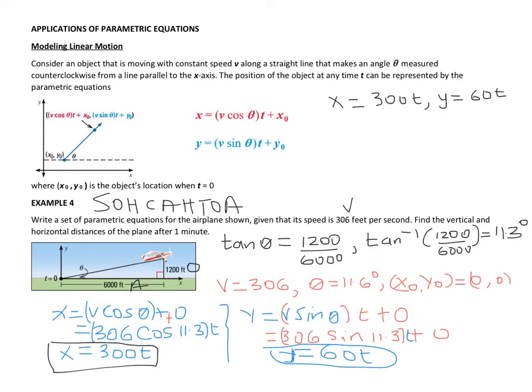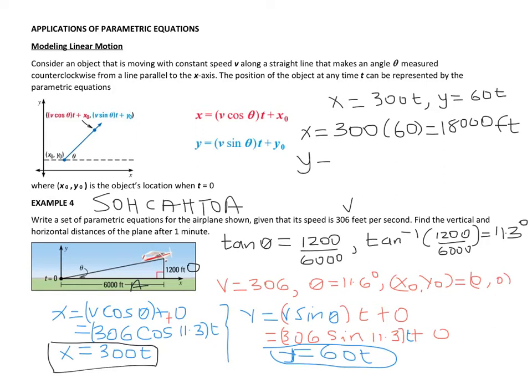So now my question was telling me to find the vertical and horizontal distance after 1 minute. So the horizontal distance is going to be 300 times, that's 1 minute, so that is 60 seconds, since the speed is 306 feet per second. So we get 18,000 feet.